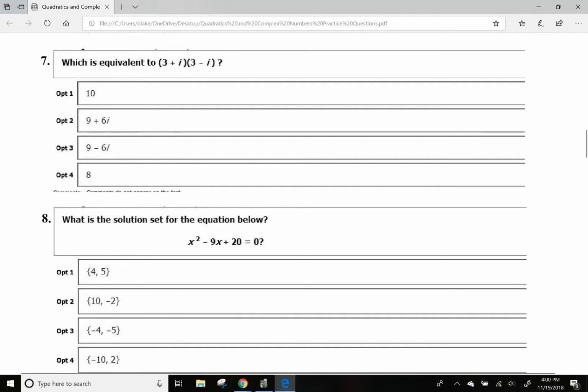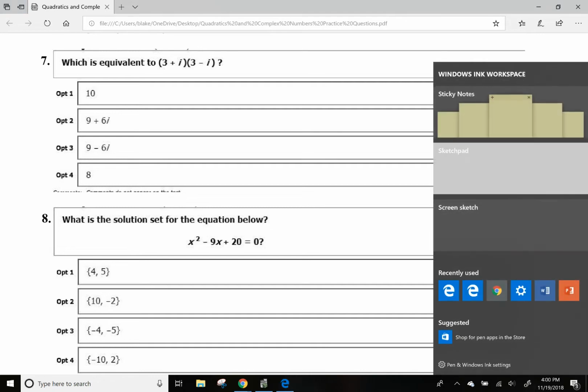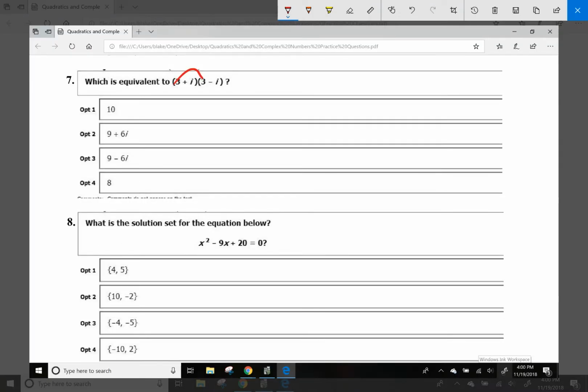So another one where you have to FOIL, but again, be careful, especially when you get the i squared part. So 3 times 3 makes 9. 3 times -1i will make -3i. i times 3 makes positive 3i, and then i times negative i is going to be a negative i squared.